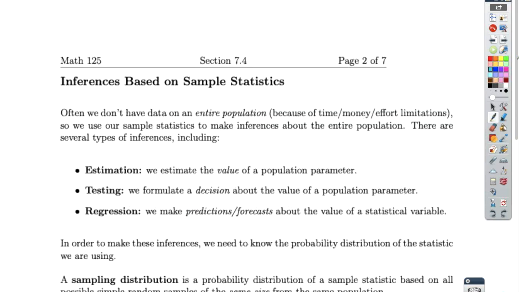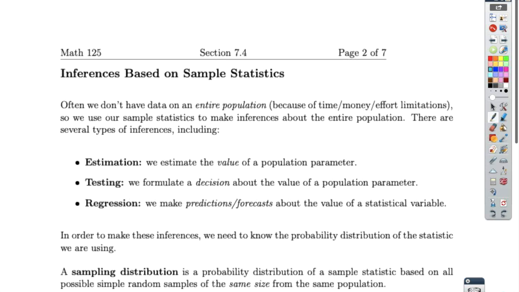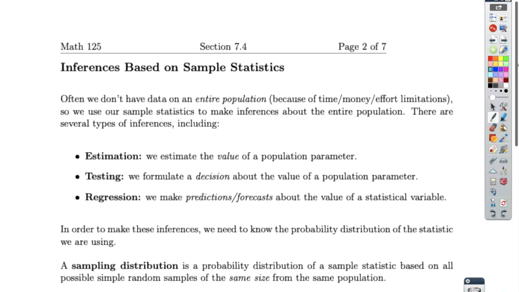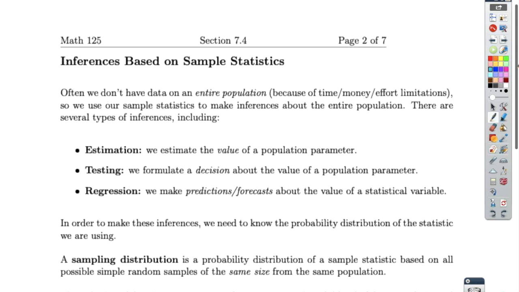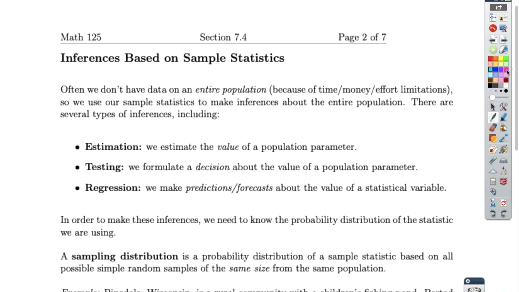Let's talk a little more about what we're doing in general in statistics. We talked about this in chapter 1 at the beginning of the course, but we'll revisit this idea now. Getting data for an entire population takes a lot of time and money, and maybe we're just not able to do that.